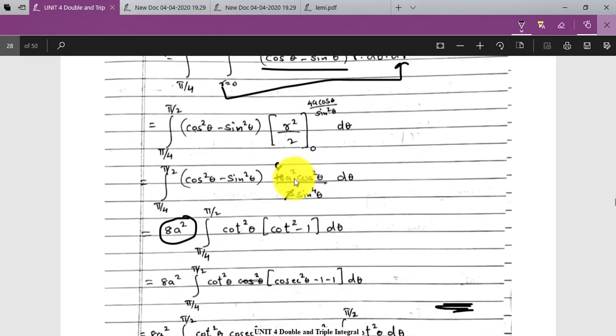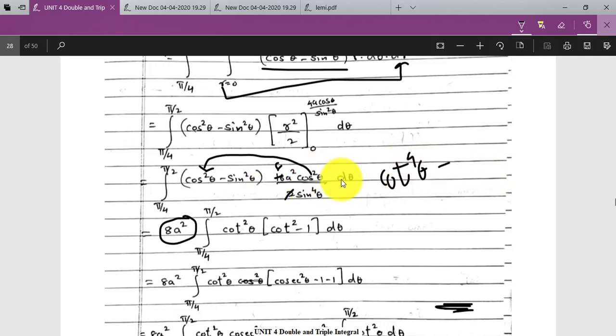Now see here, this 8a squared I am taking outside. This cos squared and this cos squared turn out to be cos power 4 theta divided by sin power 4 theta, that is cot power 4 theta.